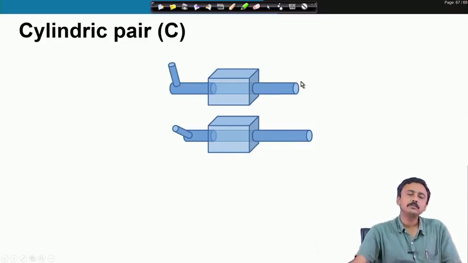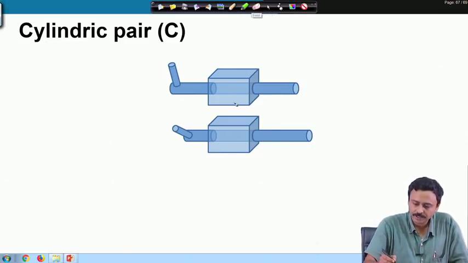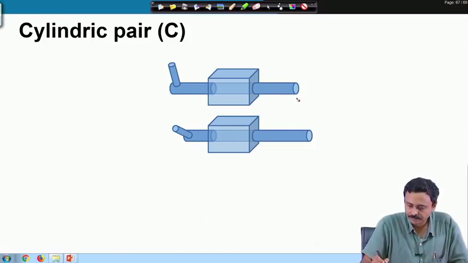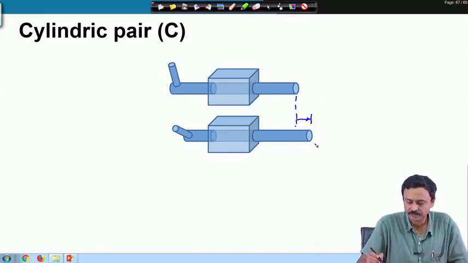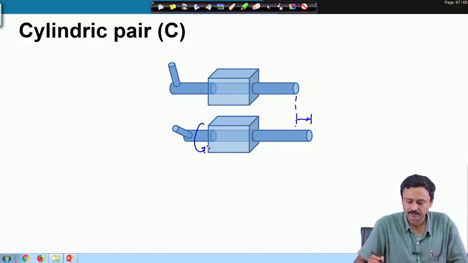Next we come to cylindric pair. What is a cylindric pair? Here I can have translation of this cylinder, which is sliding through this guide, as well as rotation of the cylinder.